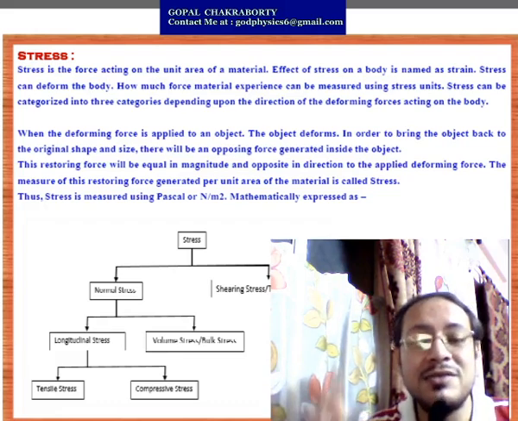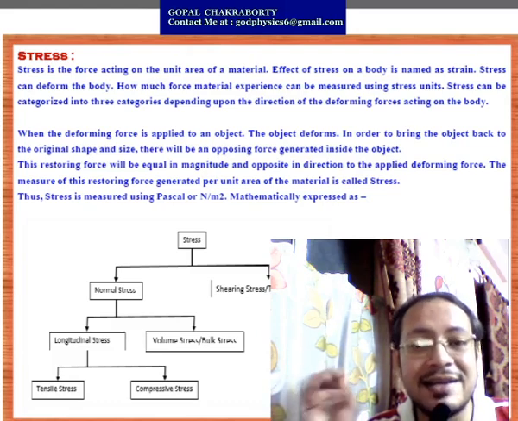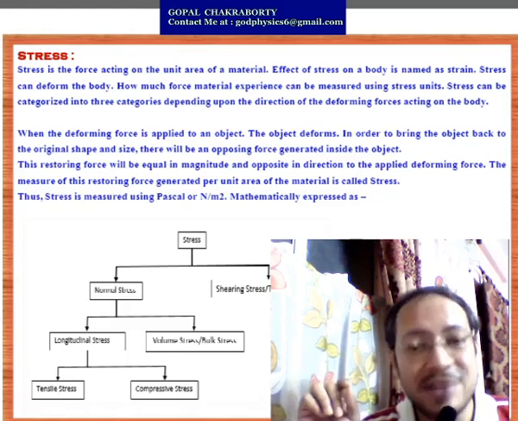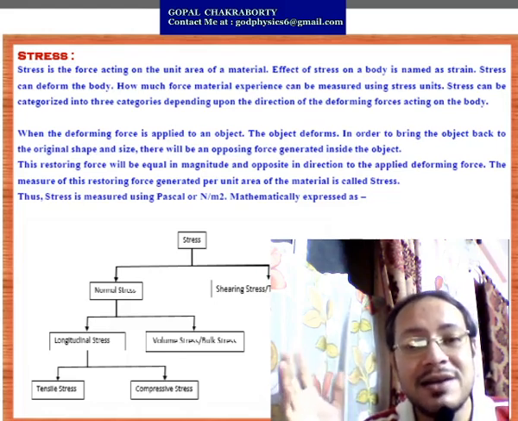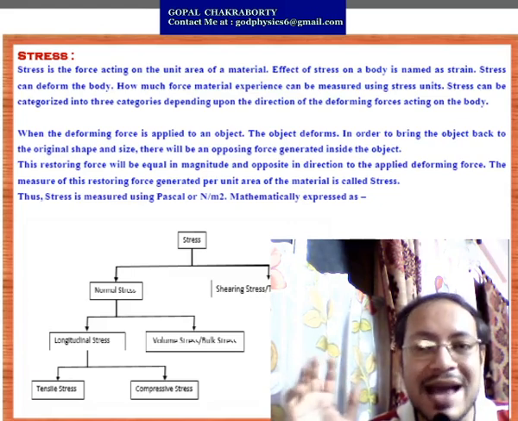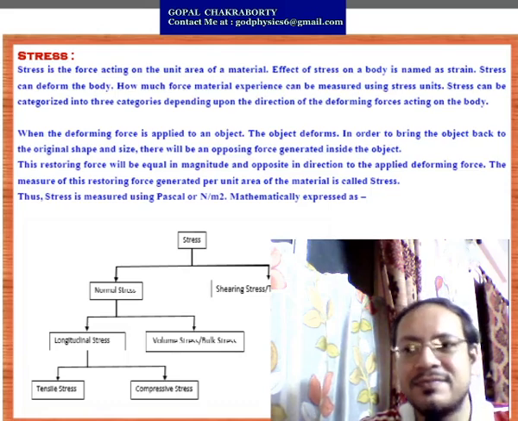Remember that it is not the deforming force per unit area, rather it is the restoring force per unit area that is called stress. As per magnitude both are the same, only the direction is opposite, because the restoring force acts opposite to the direction of the deforming force.